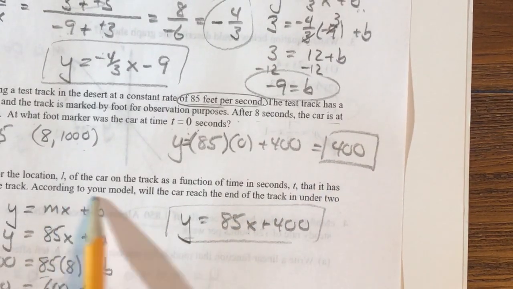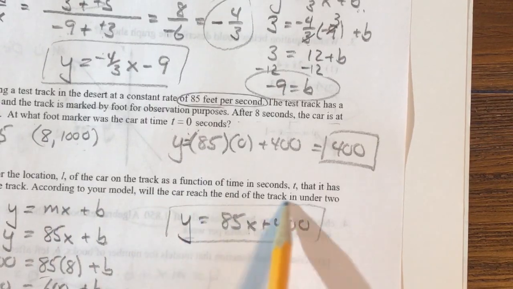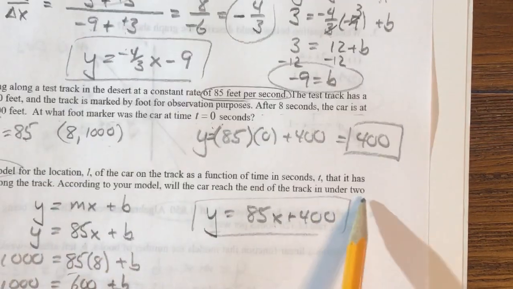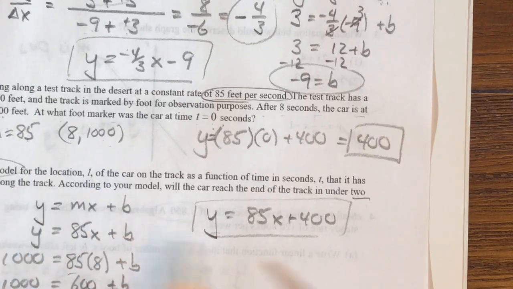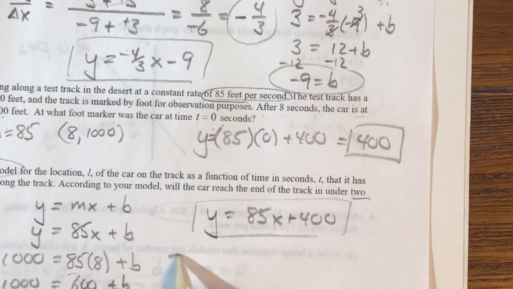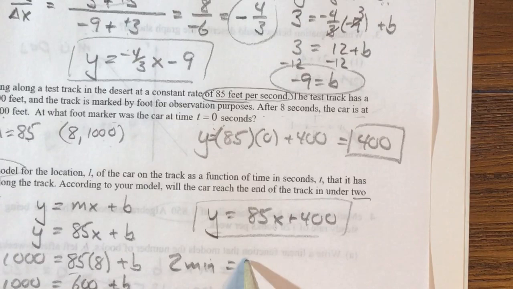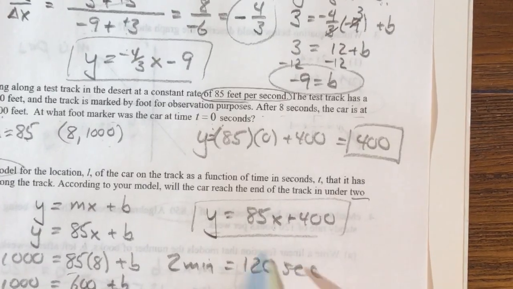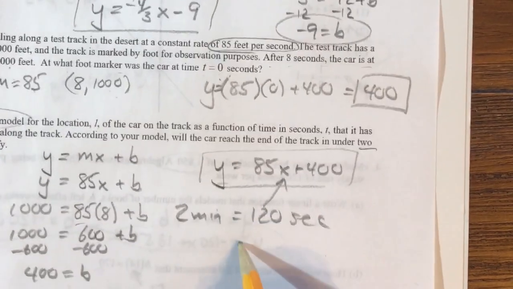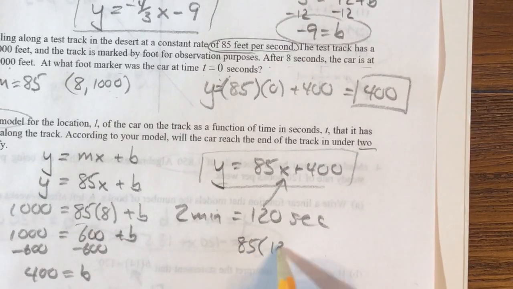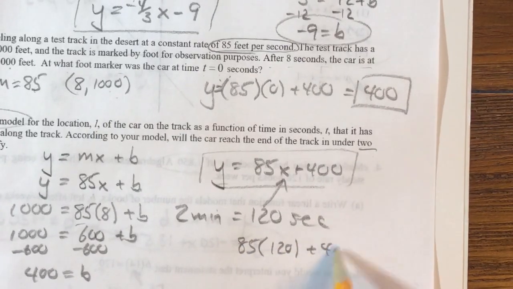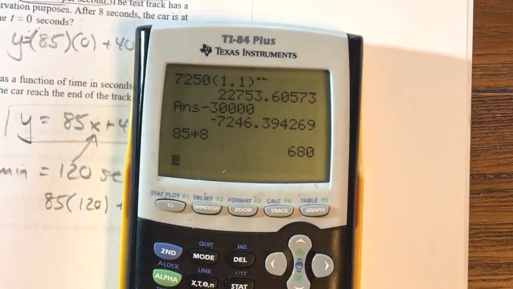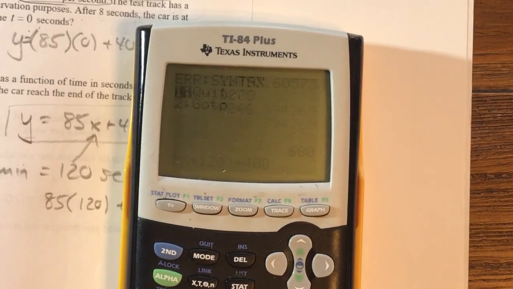All right, final question. According to the model, will the car reach the end of the track in under 2 minutes? Be careful. This was all in seconds, so 2 minutes is 120 seconds. So I've got to plug 120 in there. What's 85 times 120 plus 400?